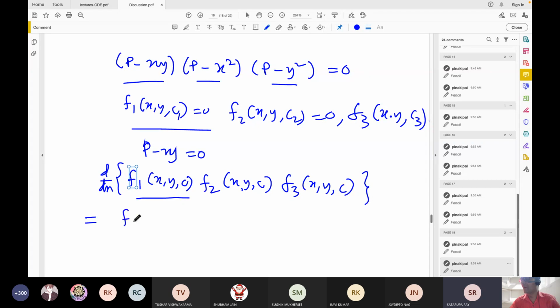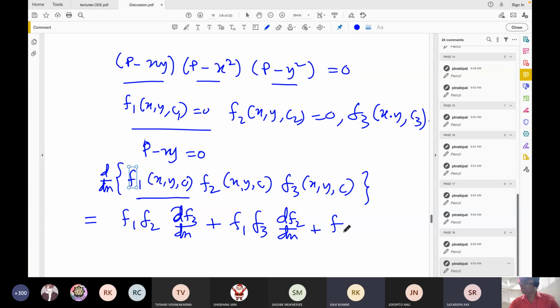Say first two constant, f1 f2 constant, then df3 by dx, plus f1 f3 constant df2 by dx, plus f2 f3 df1 by dx.